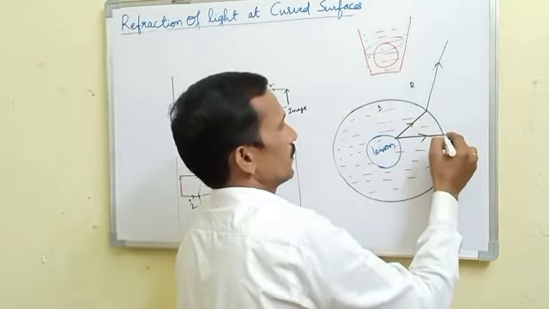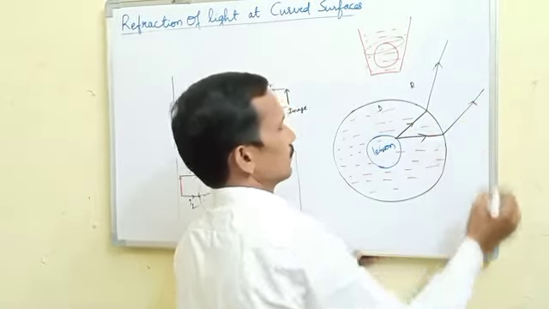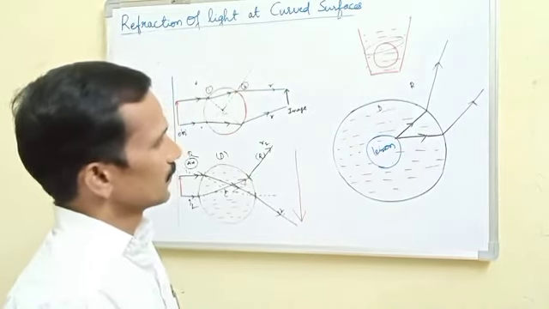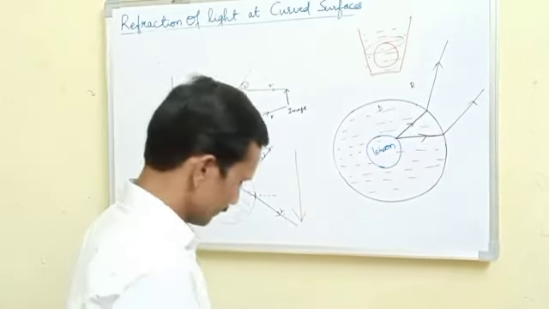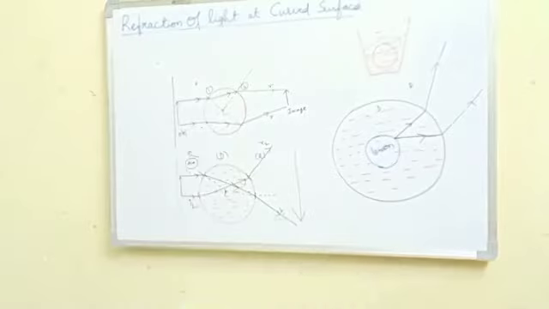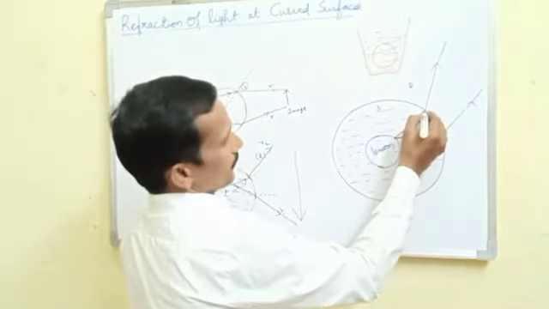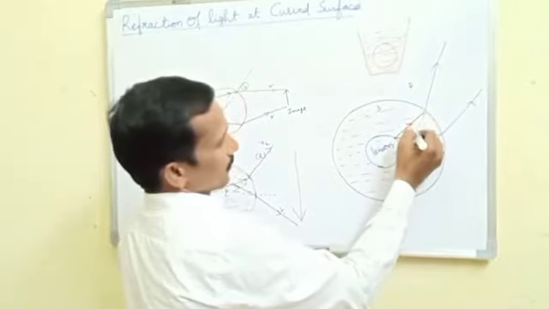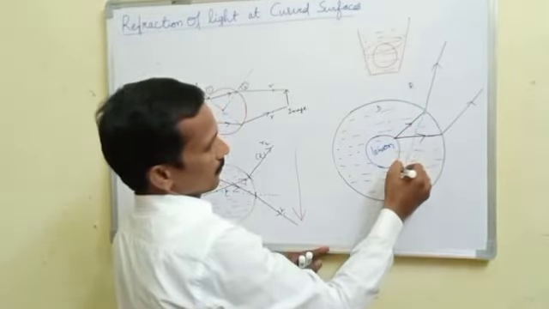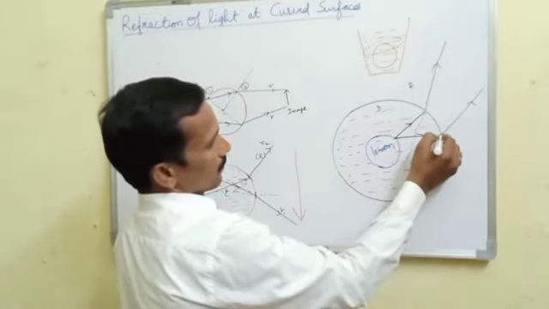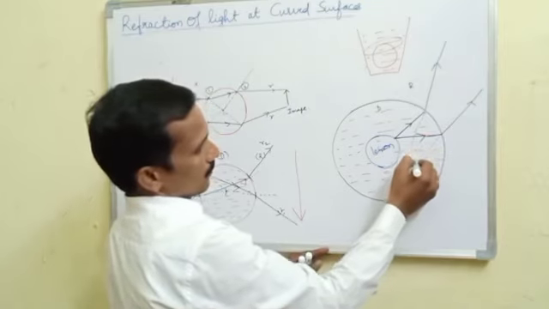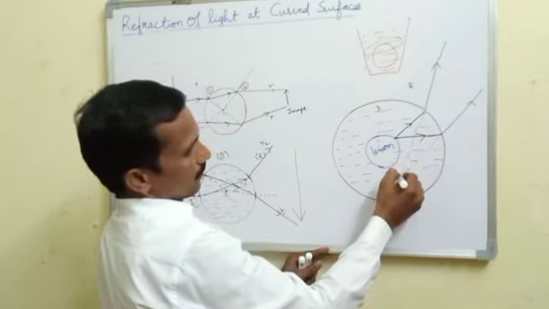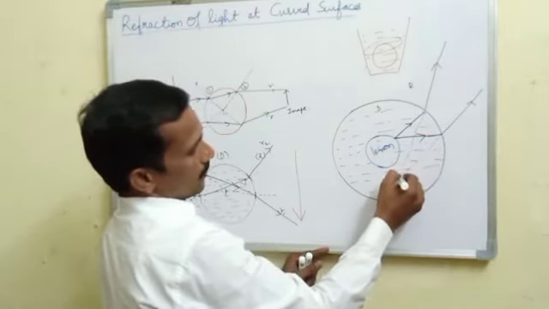Again, it is away from the normal. When they diverge, when we extend the refracted rays back, they meet at some point.